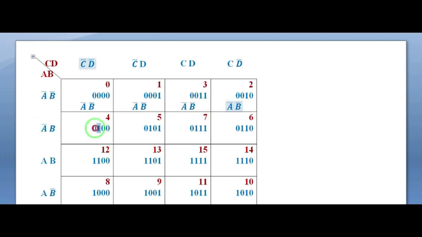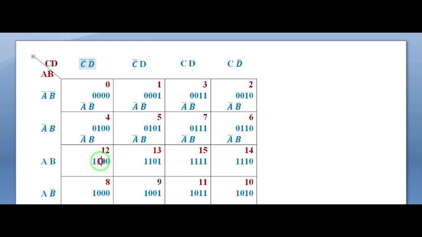Similarly, in the second row, the first cell 0 1, second cell 0 1, third cell 0 1, fourth cell 0 1. So 0 is the complement of variable A, A bar, and the next one is variable B. So 0 1 is common for all cells in row number 2. Therefore, write A bar B in every cell of row number 2.